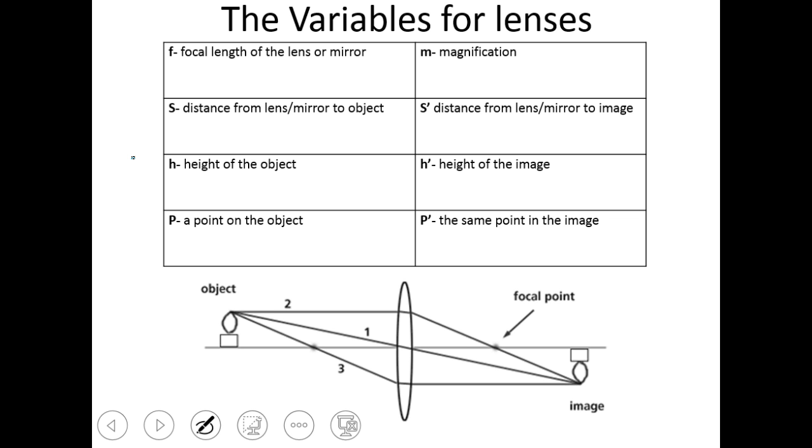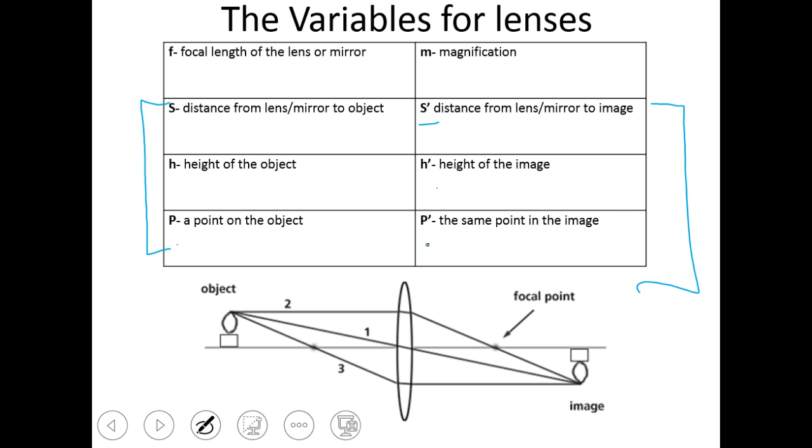All of these variables, s, h, and p, are for the actual thing that is being put in front of a lens or mirror, and then all of the primed ones are for the image that is formed by that lens or mirror. s represents the distance from the lens to the real object, while s prime indicates the distance from the lens or mirror to the image of that object. h is the height of the object, while h prime is the height of the image. And p is a point on the actual object, while p prime is that same point, but on the image.